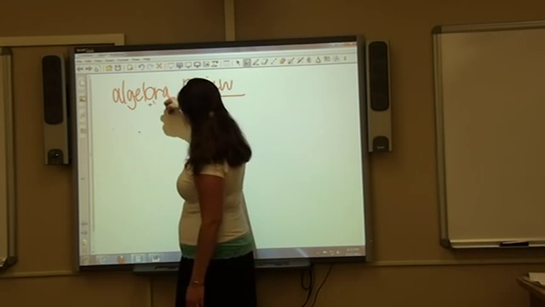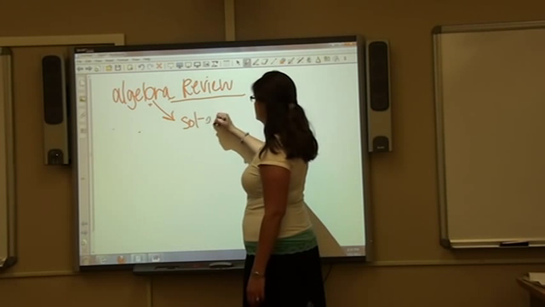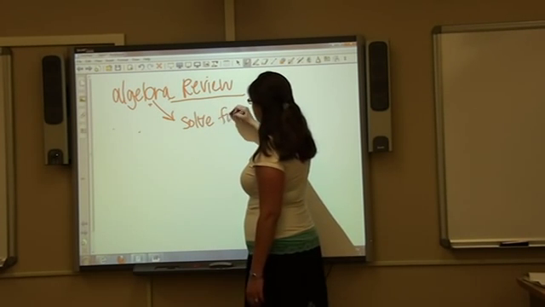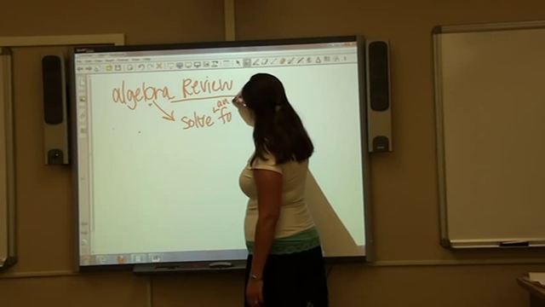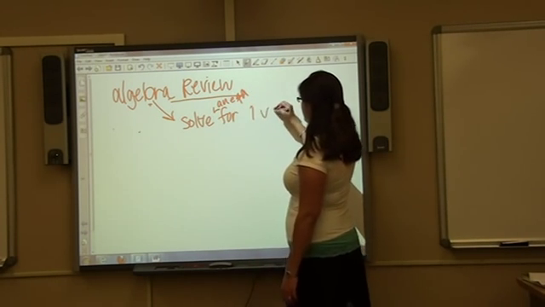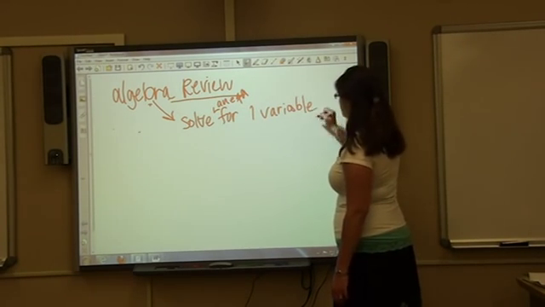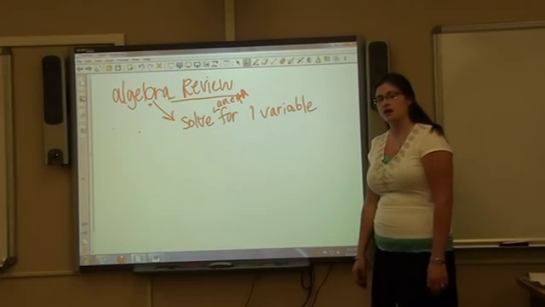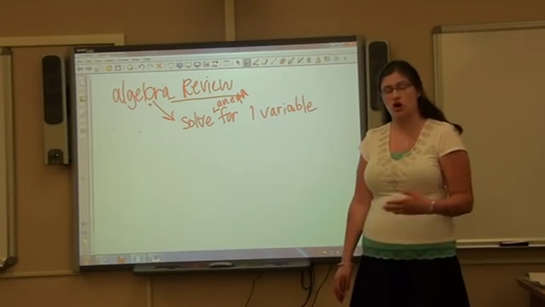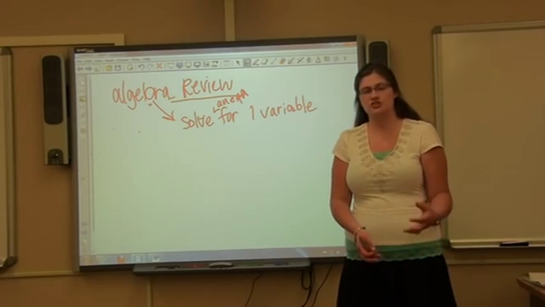Algebra means that you're going to solve an equation for one variable. And the way we use algebra to solve equations is by undoing what our equation tells us to do.